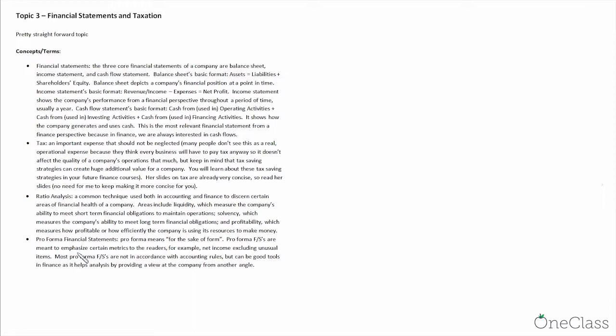For example, if the manager of a company wants to emphasize its net income excluding unusual items to the readers, the manager can create a pro forma financial statement of this sort, because, as the name suggests, unusual items are assumed to be not repeating, and when things are not repeating, they're not sustainable, so we should take them out of our analysis.